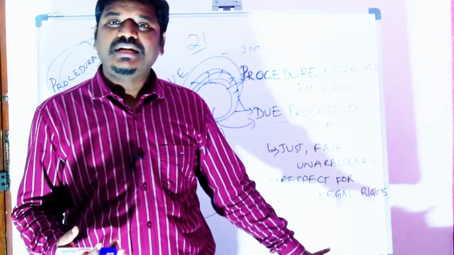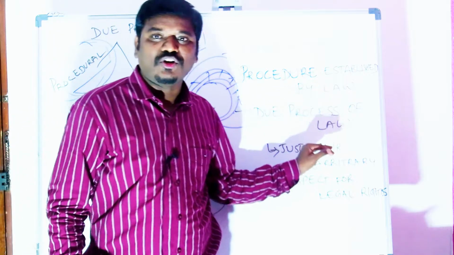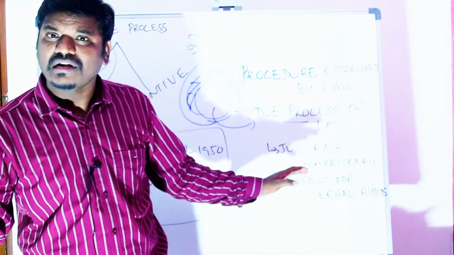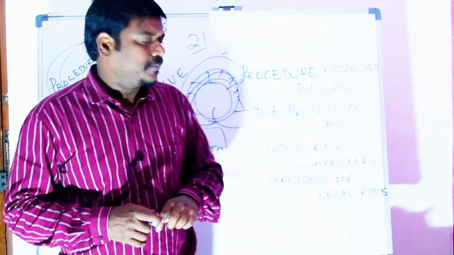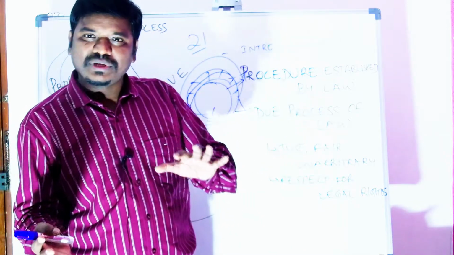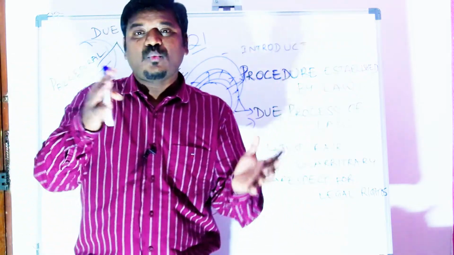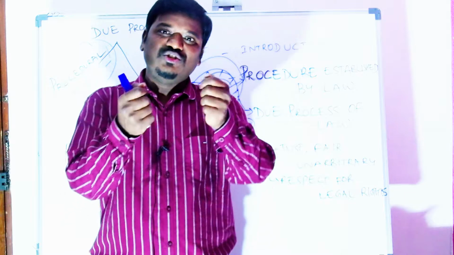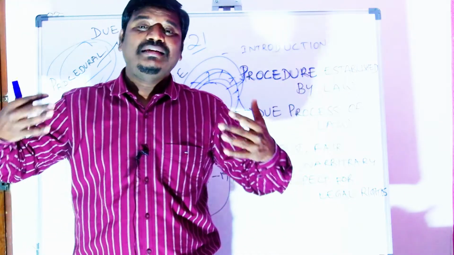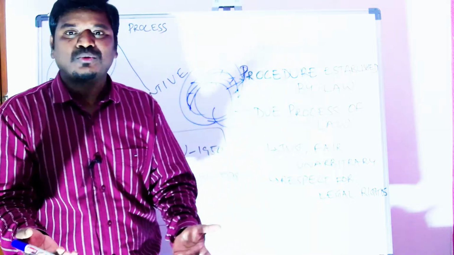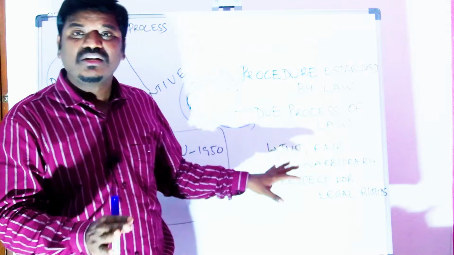Some of them wanted due process of law to be placed. Even Dr. B.R. Ambedkar, initially, was for due process of law, and he was weighing the pros and cons of due process of law as well as the procedure established by law, and then he left it to the voting pattern of the Constituent Assembly itself to finalize the matter.